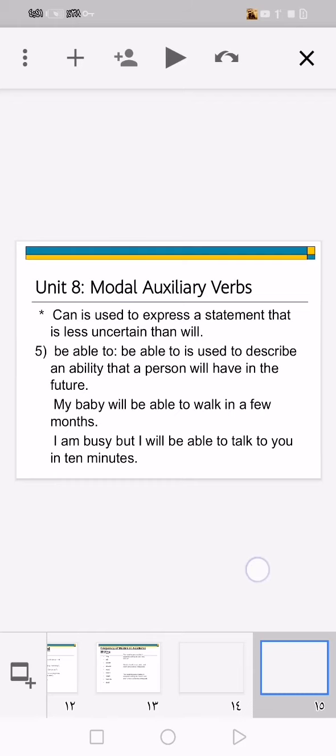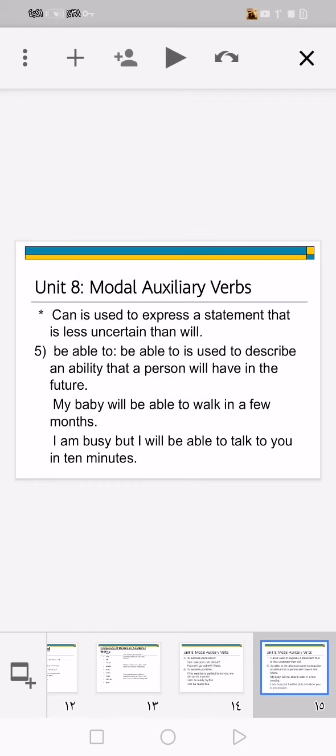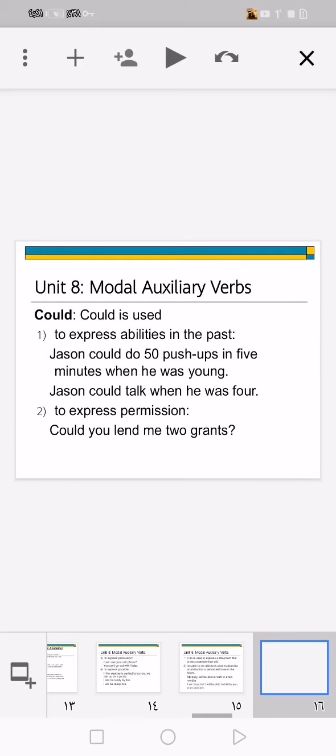Be able to is used to describe an ability that a person will have in the future. My baby will be able to walk in a few months. Another example: I am busy, but I will be able to talk to you in 10 minutes.